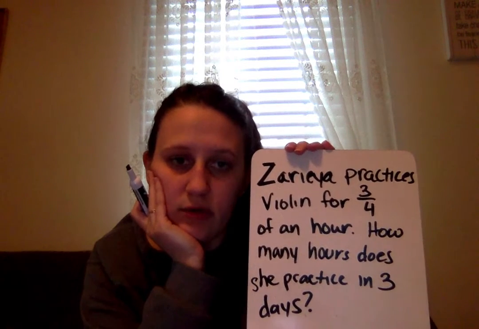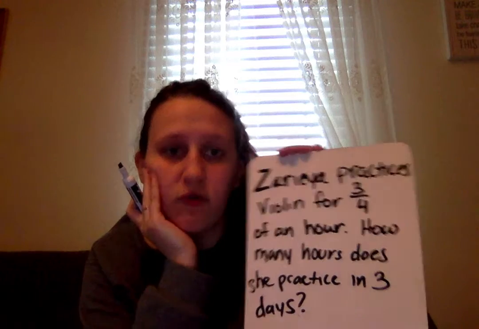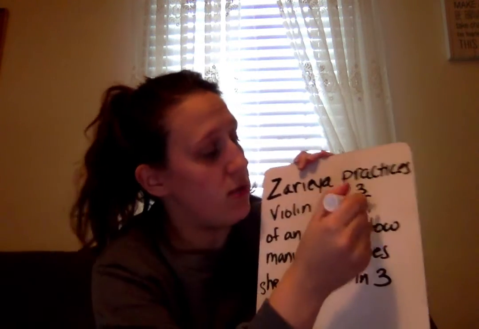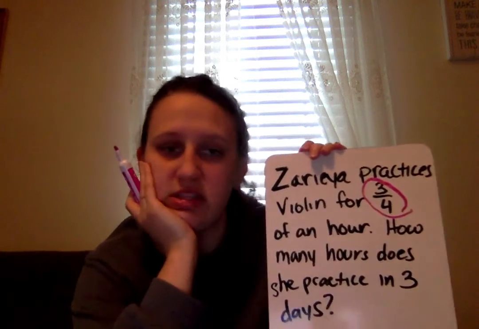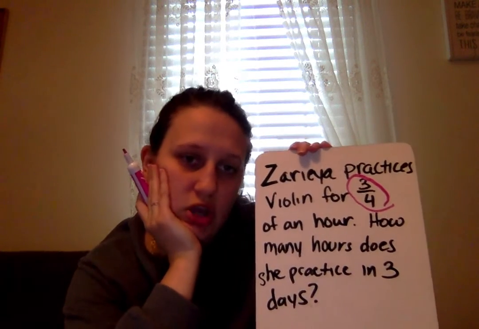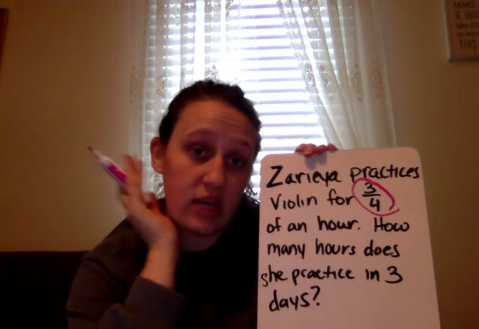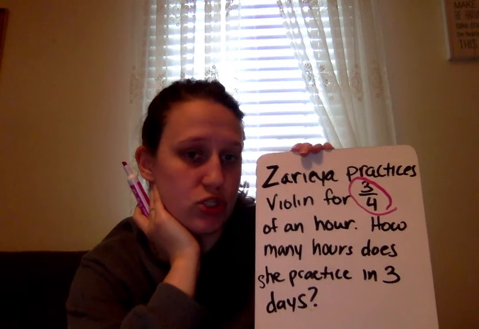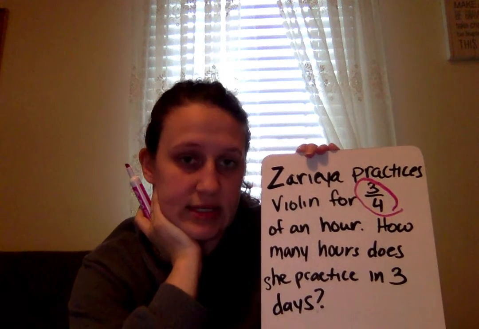So if Zaria practices violin for 3/4 of an hour, right? So 3/4, that's an important number. I would put a circle around it. In a word problem, I circle the important numbers and the important things that they say.